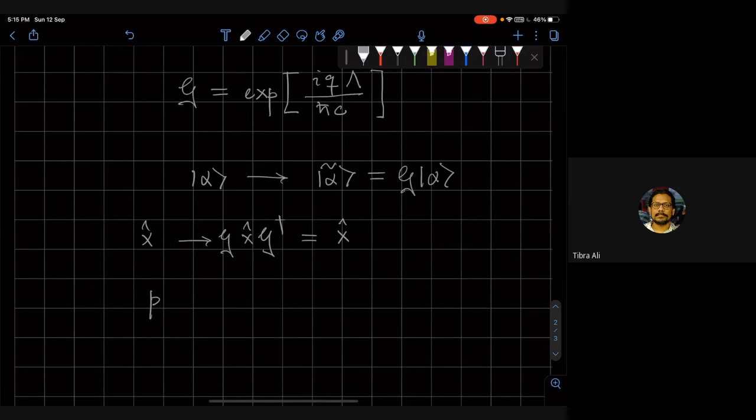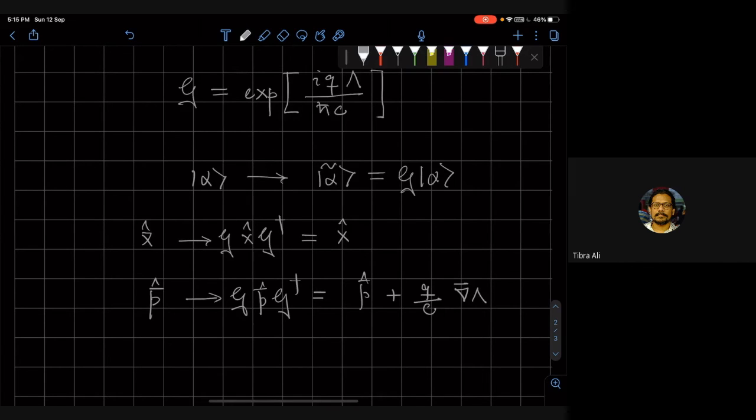On the other hand, the momentum operator, under a gauge symmetry, does not remain invariant, but changes to the momentum operator, this is a vector, plus Q over C times the gradient of lambda.